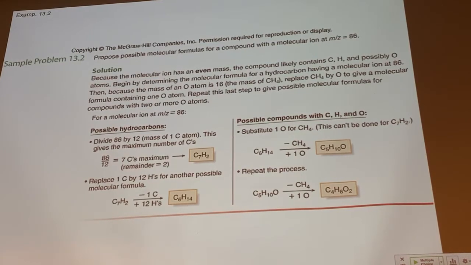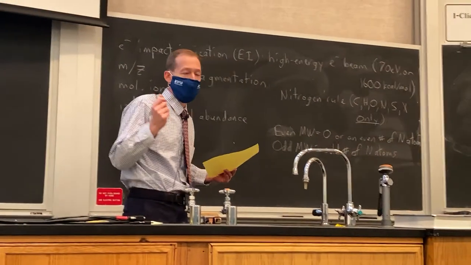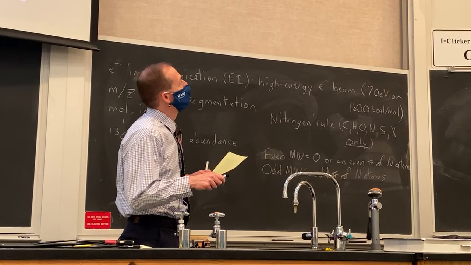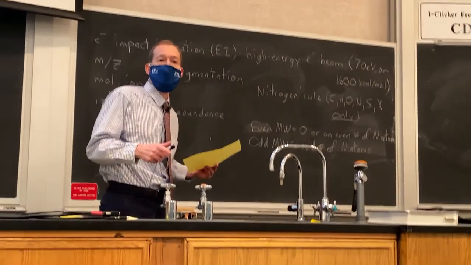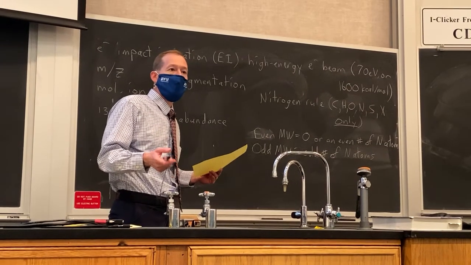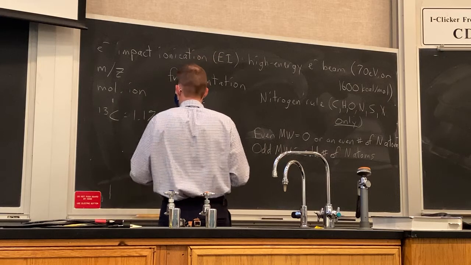All right, so the next useful bit of information we get from mass spectrometry deals with chlorine and bromine. Chlorine and bromine are unique in that they have 2 isotopes that are relatively abundant.